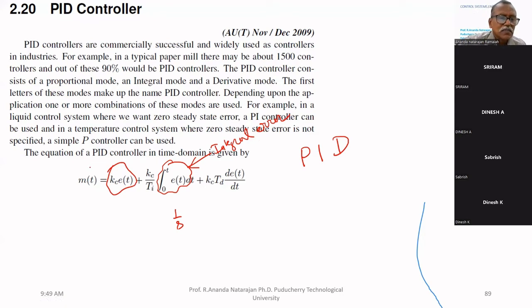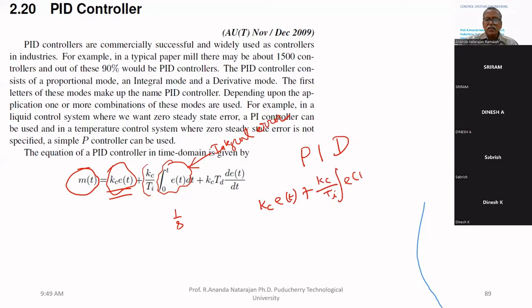Because the input to the system, M of t equals Kc E of t, plus this is the integral error compensation, Kc by Ti integral of E of t, plus derivative error compensation, Kc Td dE by dt.